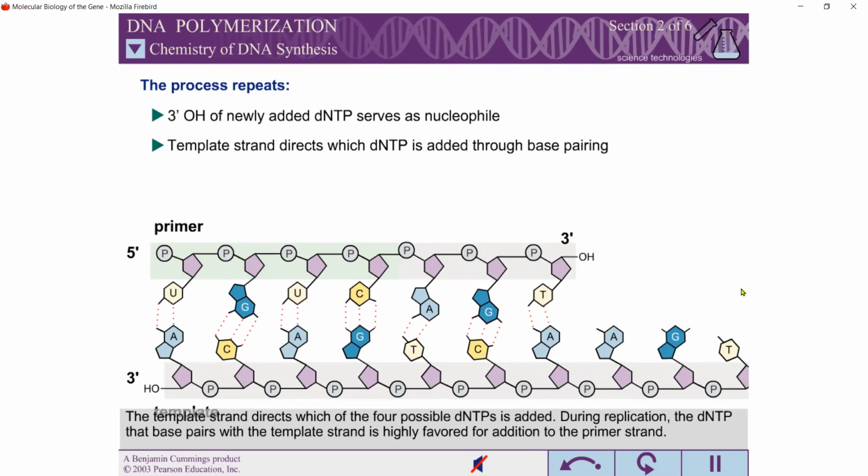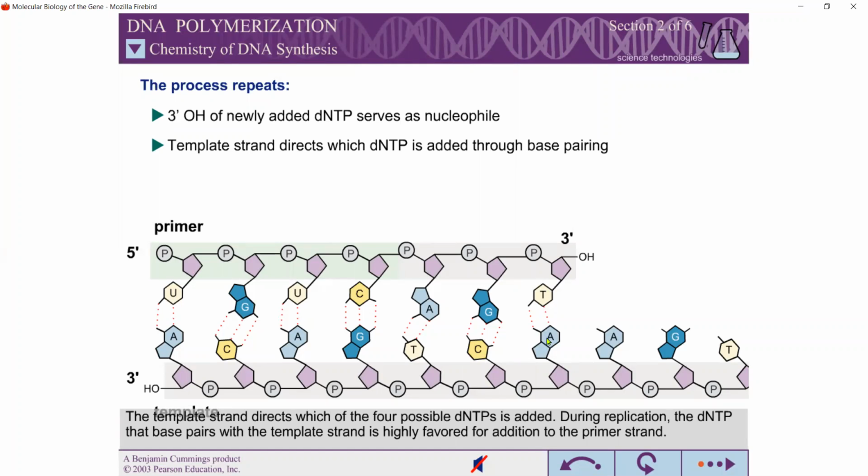So the function of the primer, or the 3' OH, is to help in the addition of incoming nucleotides. It serves as a nucleophile, that is, it attacks the incoming dNTP molecule, and the template strand guides which base will come in.